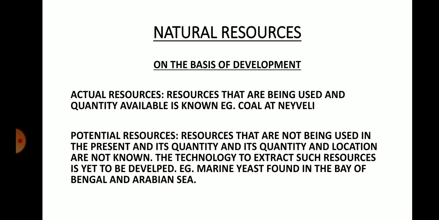So whatever resources we are currently using, and we have the stock and we know the availability of the stock, it is called an actual resource. For example, you have a cylinder at your house, isn't it?